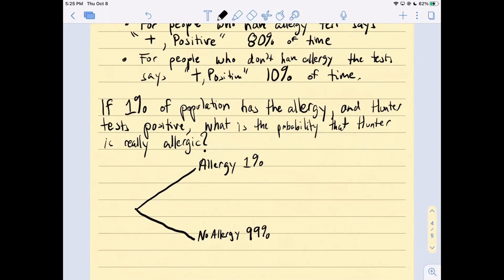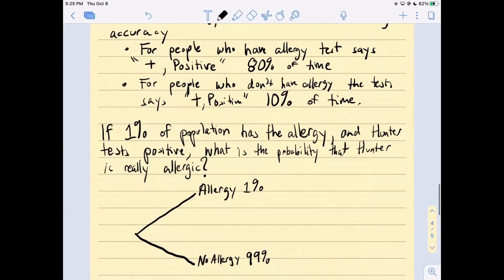Okay, now the allergy branch, we can break that up even further. So what were you saying there? How do we break it further? I didn't really break it further. I kind of just multiply, or, oh, no. Okay, I see what you're saying. So you'd break it up by if the test is accurate, the 80% chance, and if the test is inaccurate, the 20% chance. Exactly.